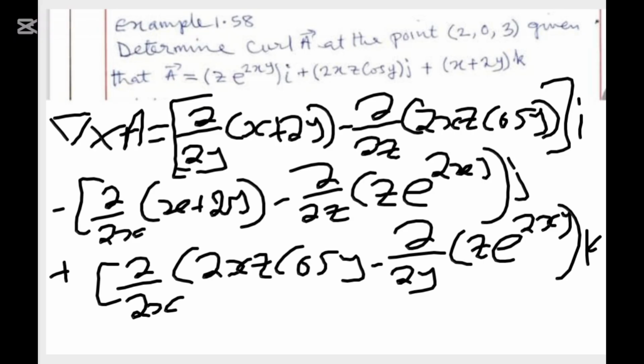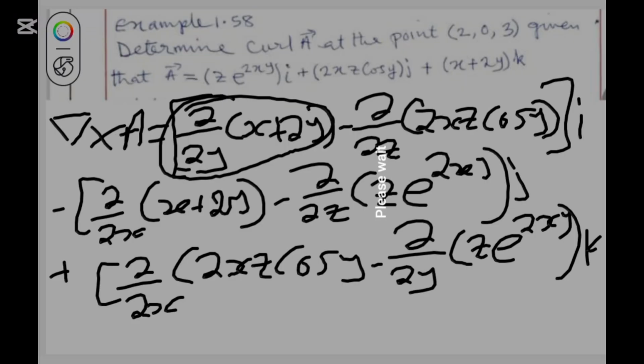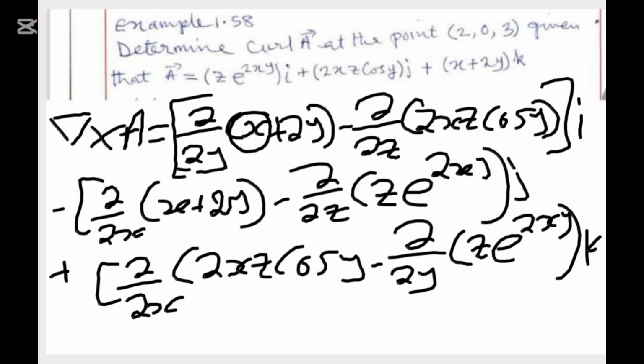Guys, you have to take note that you are just going to find the determinant of that matrix. You are just going to find the determinant of the matrix. In this point, if I differentiate this with respect to y, I will end up with only 2, because if I am to differentiate this, I didn't have y.